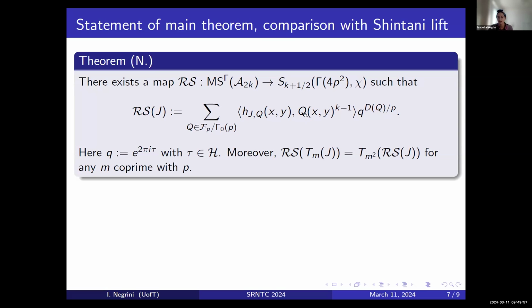So remember, given a binary quadratic form in this set and a cocycle, we got this polynomial H_{J,Q}. And now we pair it with the actual binary quadratic form, and so we get the number. Now, if you define Hecke operators for rigid cocycles, you can see also that this rigid Shintani map has a Hecke invariant property, away from P.